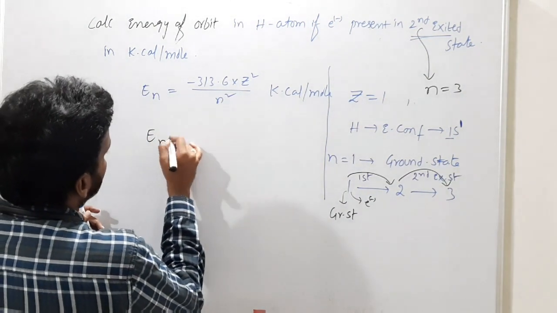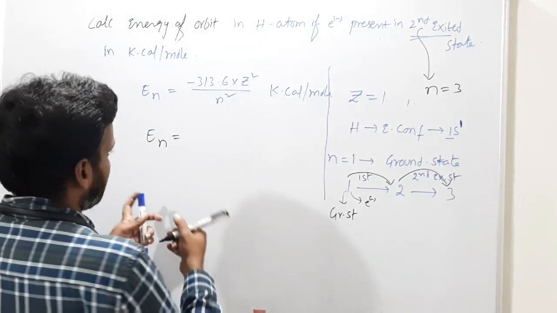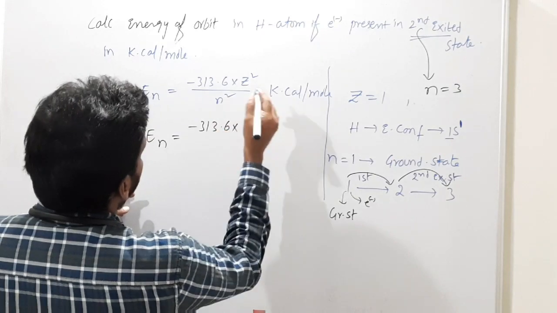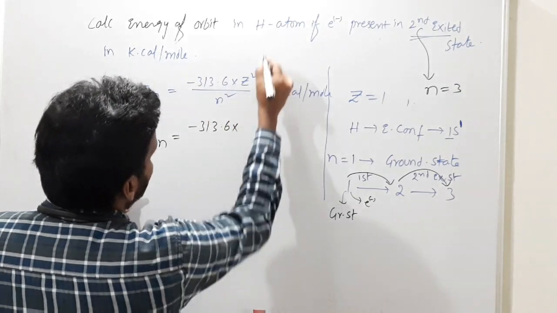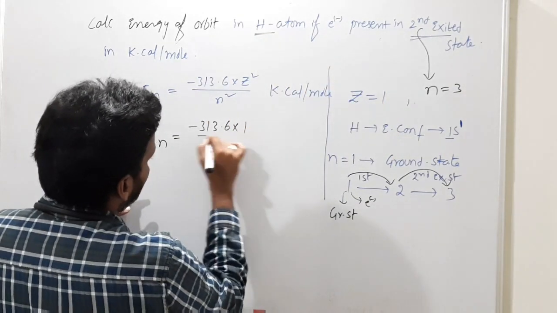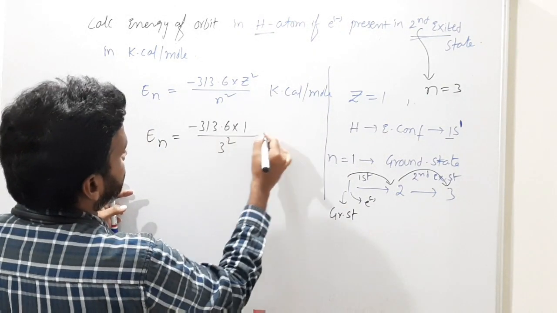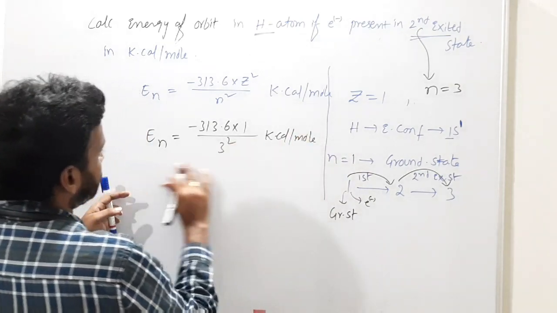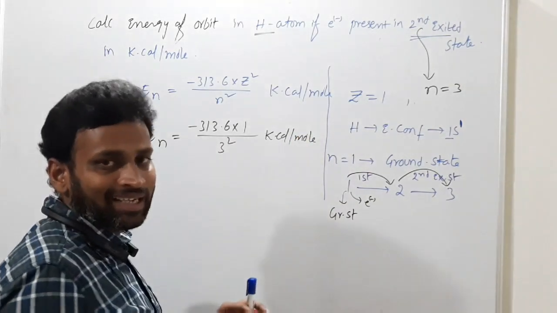So, what is the energy of the nth orbit? Now you can do it. It is minus 313.6 Z square by n square, and for the hydrogen atom Z is equal to 1, and for the third level it's 3 square. Now, in kilocalorie per mole, this is the energy calculation.